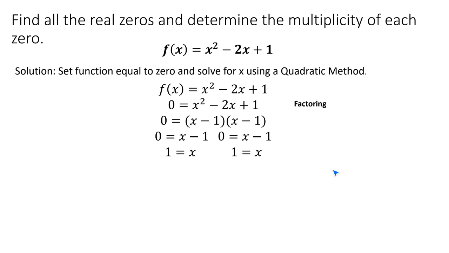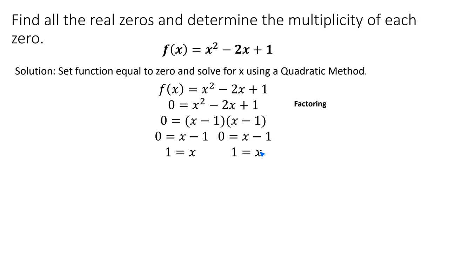Okay, so what is the multiplicity of that 0, x equals 1? In other terms, I'm asking, how many times does the number 1 occur in our solution here? Twice, right? So we say that the multiplicity of x equals 1 is 2, which is an even multiplicity.